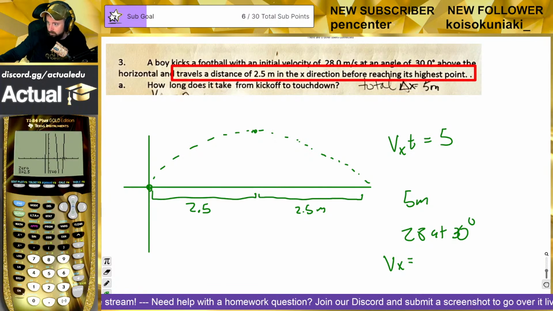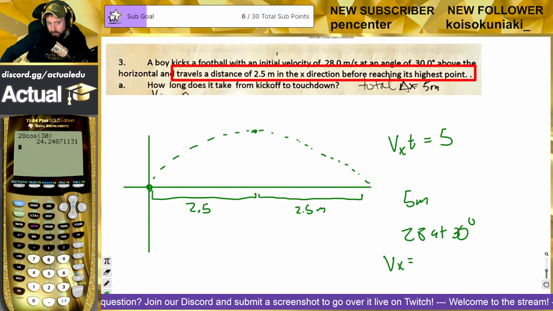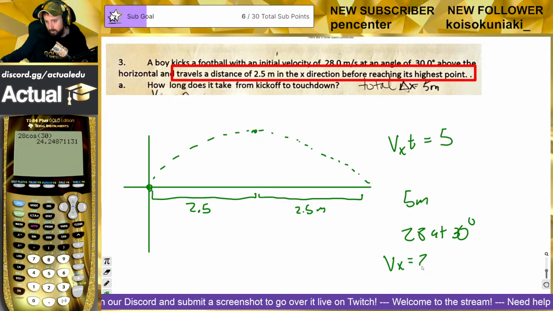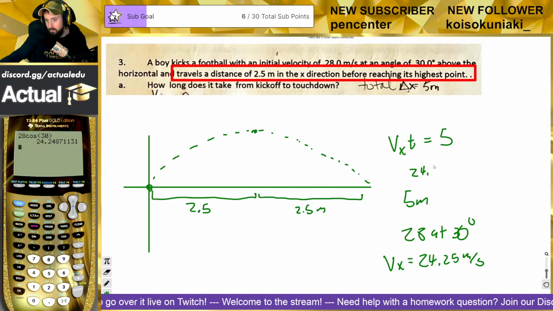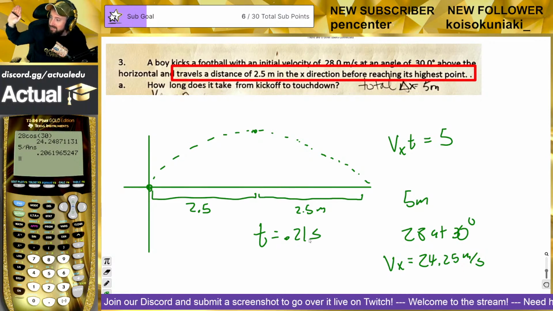So 28 cosine of 30 is equal to 24.25 meters per second, which you can plug in. Then you divide it out, 5 divided by that for the time, and that gets you 0.21 seconds. So t is equal to 0.21 seconds. If you did it that way, that's the answer.